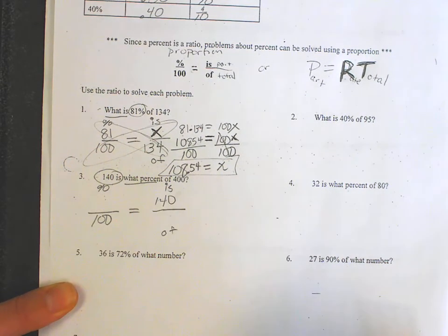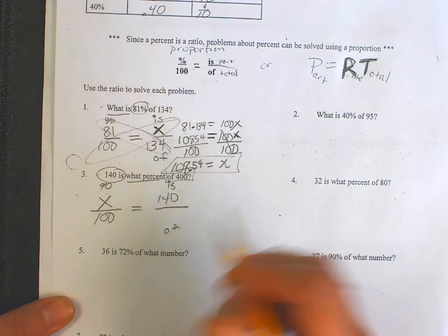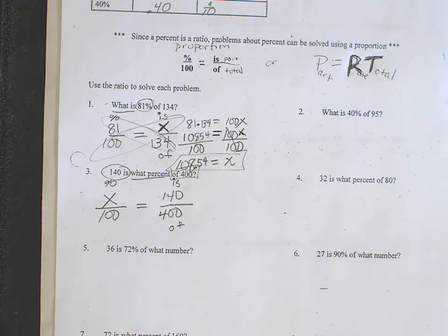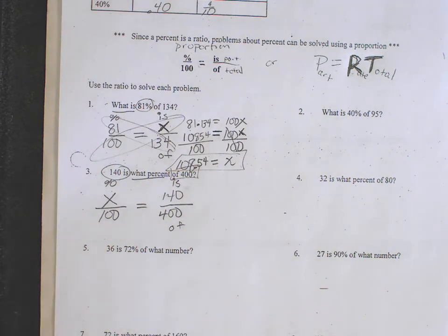What percent? Of 400? Of 400. Okay? And then you can cross multiply and then divide by the number in front of x, which is called the coefficient, and get your answer.